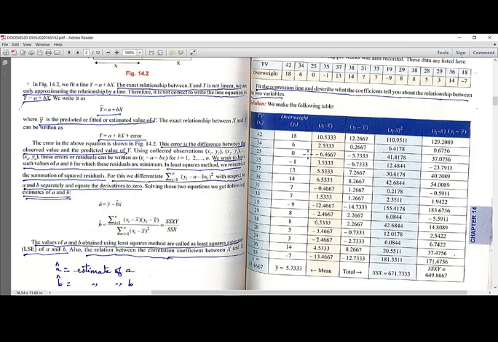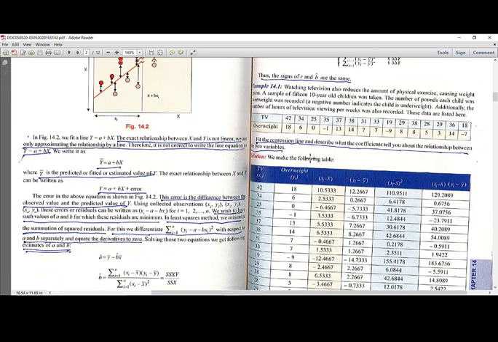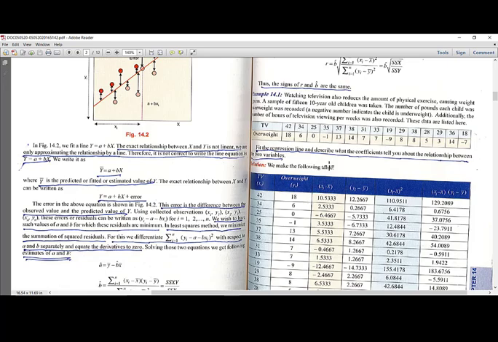Here, we have to identify which one is the study variable and which one is the explanatory variable. In other words, which is the dependent variable and which is the independent variable. Here the dependent variable is overweight, so the dependent variable overweight is written as yi here.